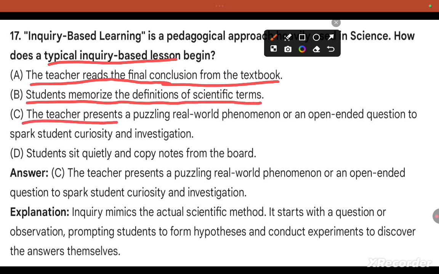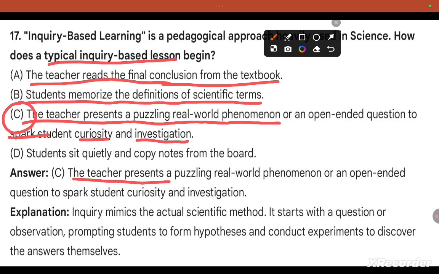C. The teacher presents a puzzling real-world phenomenon or open-ended question to spark student curiosity and investigation. D. The students sit quietly and copy notes from the board. So here is the answer, 17th one, that is C.